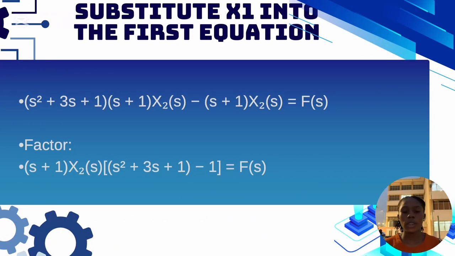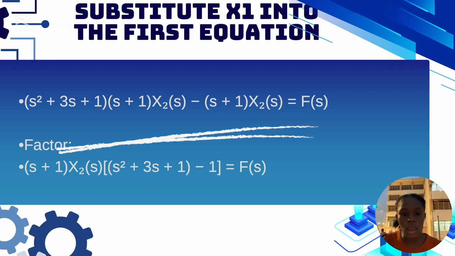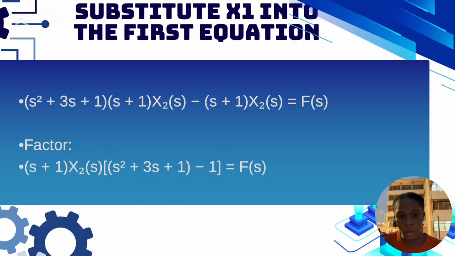Hi, my name is Yvonne Deizanga, and I'm continuing from what the last person just presented. Now we substitute X1 of s, that is s plus 1 times X2 of s, into the first equation, and it becomes F of s equal to s squared plus 3s plus 1, then s plus 1 multiplying X2 of s, minus s plus 1 multiplying X2 of s.